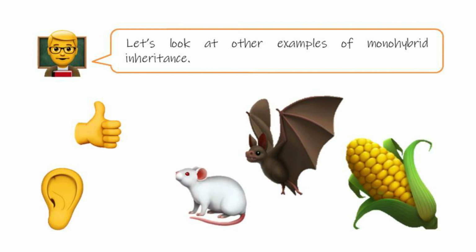Humans also exhibit a number of examples of monohybrid inheritance too, such as the shape of hairline, earlobes, dimples, shape of little fingers, and thumbs. Fun fact, did you know that a curved thumb is called a hitchhiker's thumb?